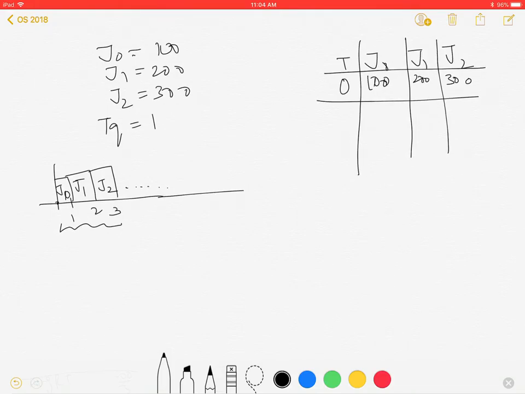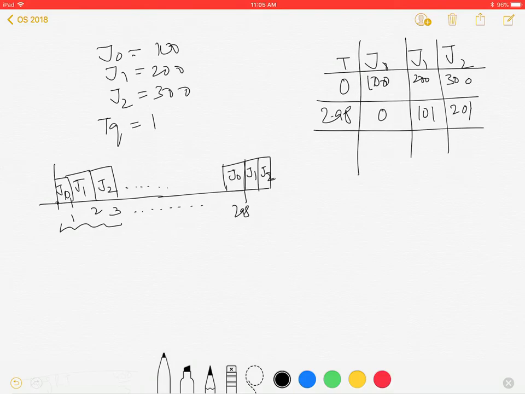Now, if we continue repeating this process, at time t equal to 298, J0 will be consumed. J1 will have run for 99 units, so it will still have 101 units left. And J2 will have run for 99 units, so it will still have 201 units left.